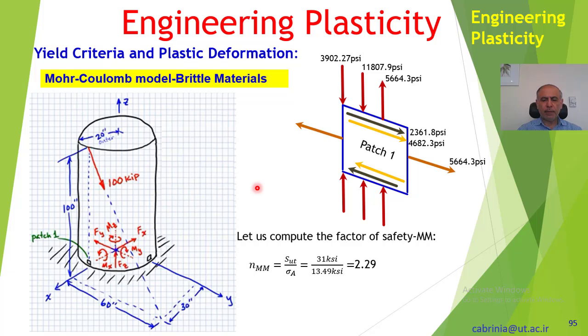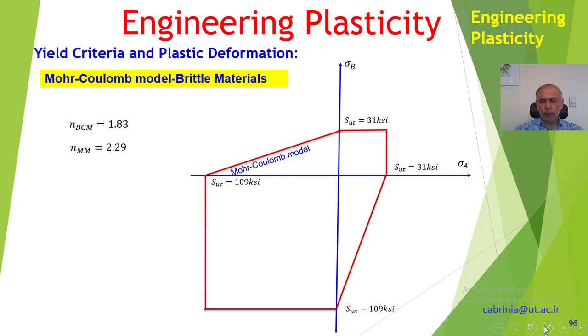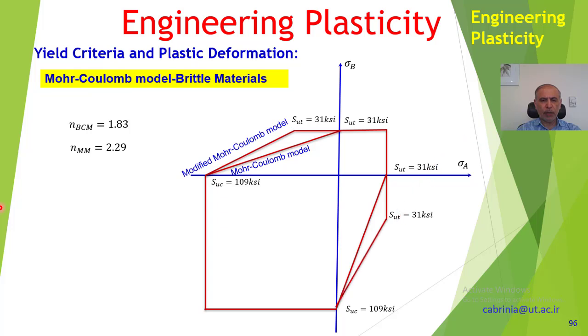Okay, and we are now going to draw the yield criteria and see where the load point is, and make a comparison between the two yield criteria. Now this was the modified Mohr Coulomb model, and this is the Mohr Coulomb model. So we call this BCM for brittle material, and this one of course is for brittle material, but it's modified. We just call it briefly MM, and this one BCM.